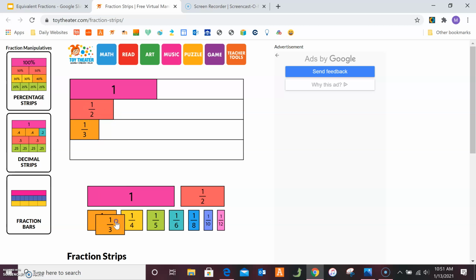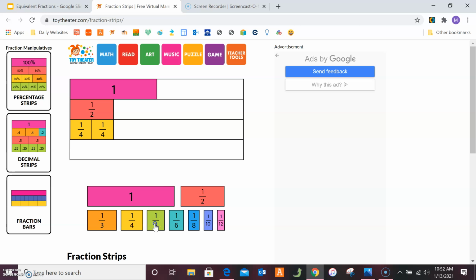No, can't use thirds. I'm going to put those back. Try your fourths. Let's try fourths. It looks like I have a winner. 1/2 and 1/4, 2/4 are equivalent. They are the same amount. So fourths works. I found one match.